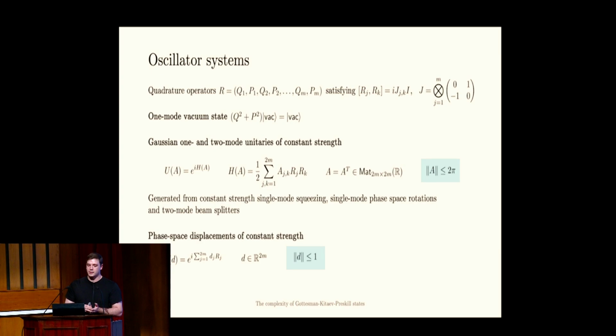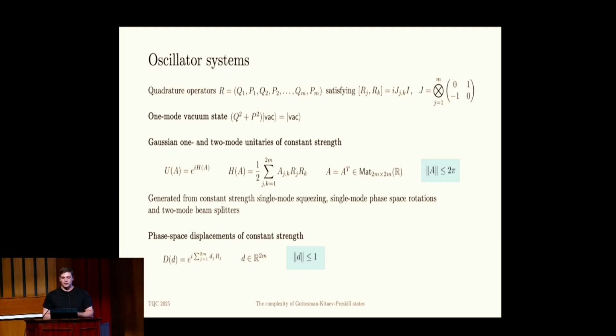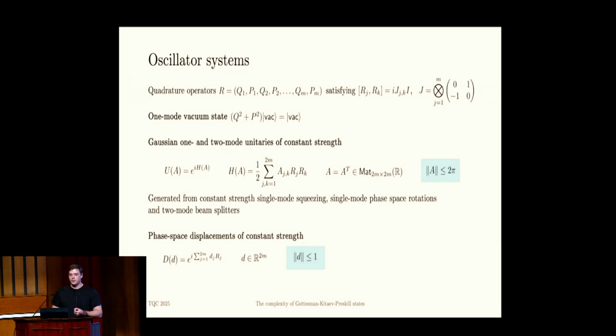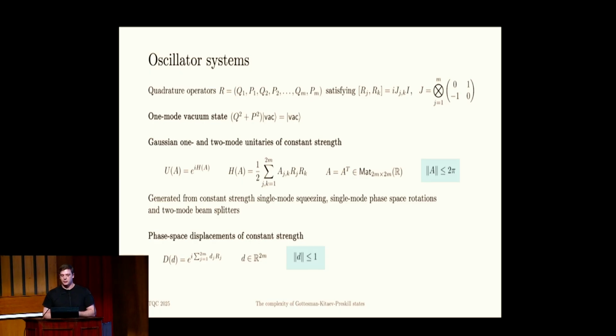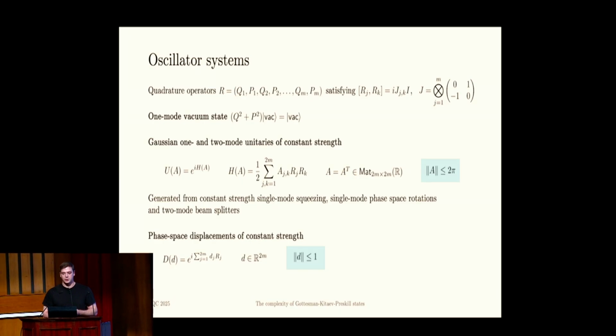These are the unitaries generated by quadratic Hamiltonians in the quadrature operators, and constant strength means that this matrix A that you can see here is just bounded by a constant. For convenience, we make the choice 2 pi, but for the complexity theoretic statements, it does not play a role what constant we choose.